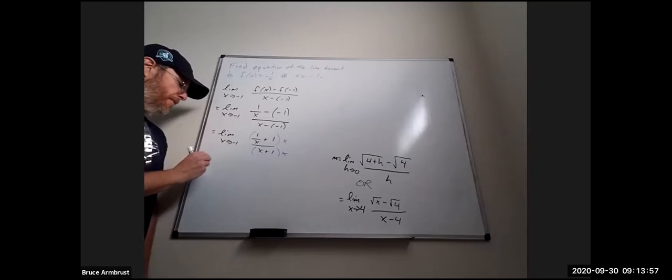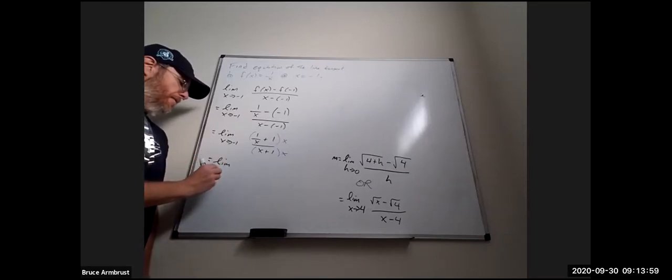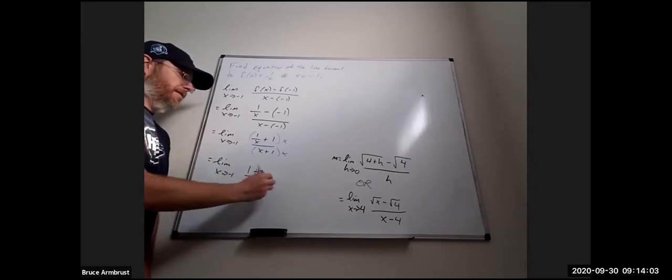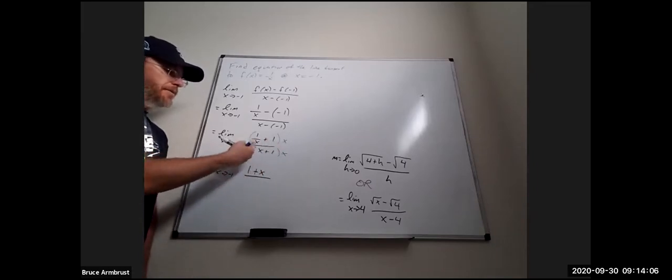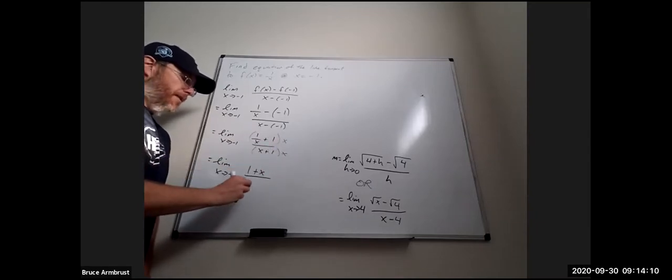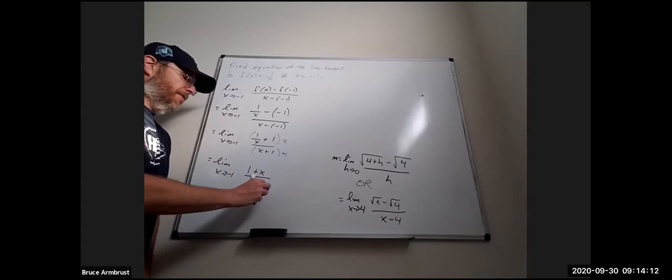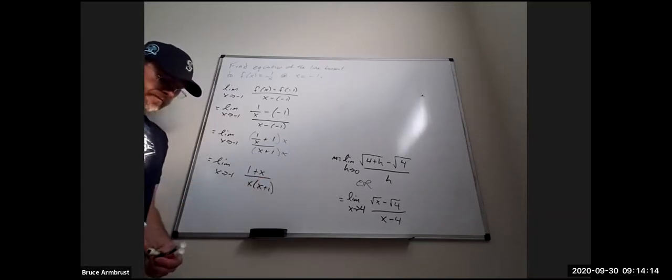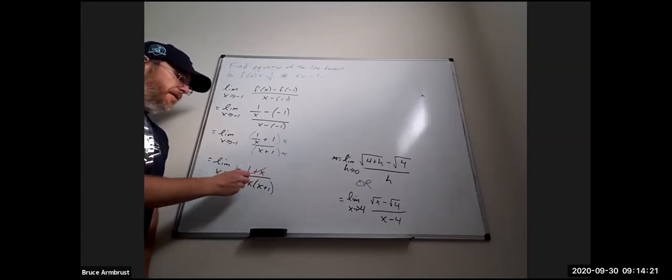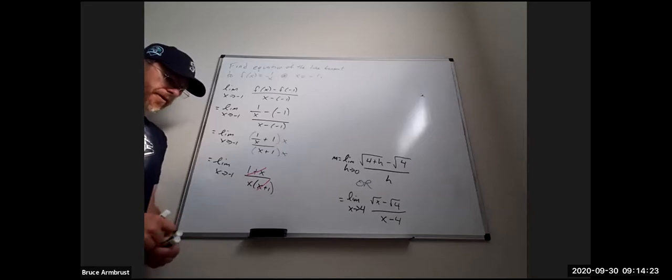So on top, once I do this, I'm going to get 1 plus x, because the x times 1 over x becomes 1. x times 1, of course, is x. And then on the bottom, I've got x times x plus 1. And then, by the magic of algebra, 1 plus x and x plus 1 are the same thing, so I can cross those off.